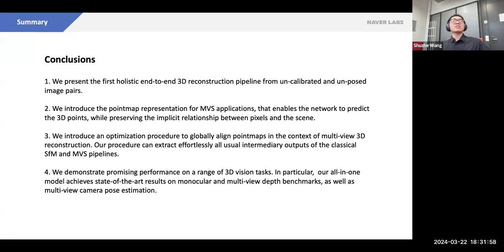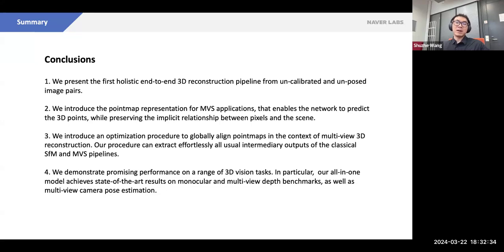So in conclusion, we presented the first end-to-end 3D reconstruction pipeline from uncalibrated and unposed image pairs. And we introduced the point map representation for MVS application. So it enables the network to predict the 3D points while preserving the implicit relationship between the pixel and the scene, which means that the pixel and the point cloud cross boundaries. We also introduced the optimization procedure for the global alignment in the context of multi-view 3D reconstruction.